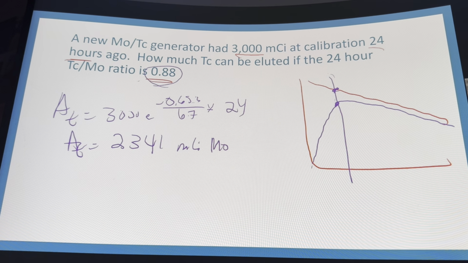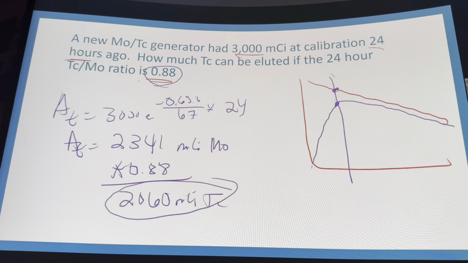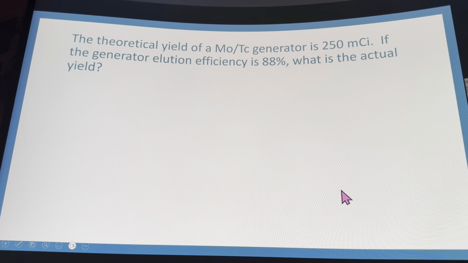That ratio is 0.88. I have 2,060 millicuries of technetium. That's theoretical yield. Then we have actual yield.